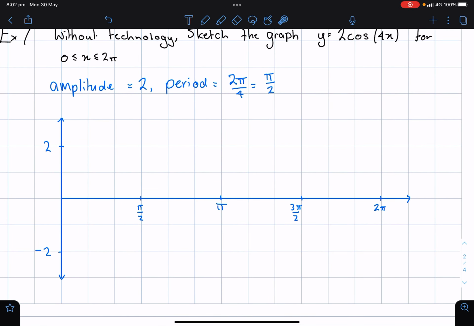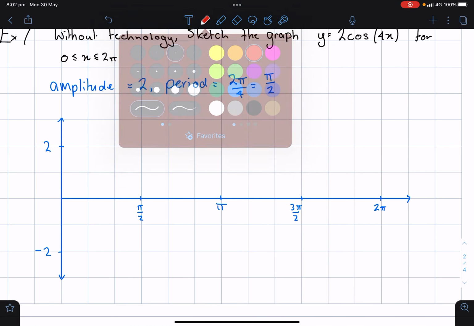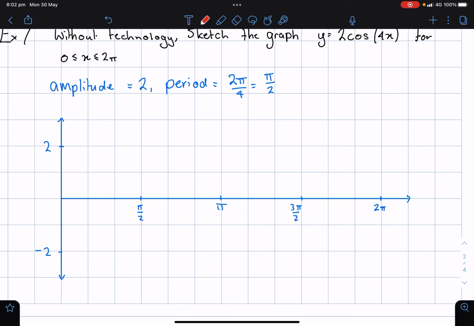So I've gone ahead and set up my graph here, okay? So I'm going to change to red. So we know that we're going to start up here for a cosine, okay? And what we actually want is a whole wavelength or whole period inside of pi on 2. So we want to end up back over here, all right?